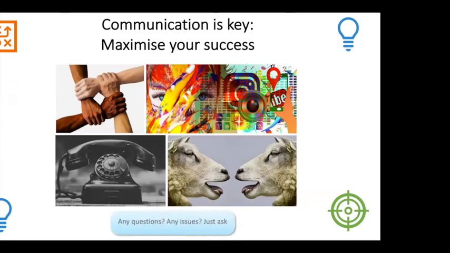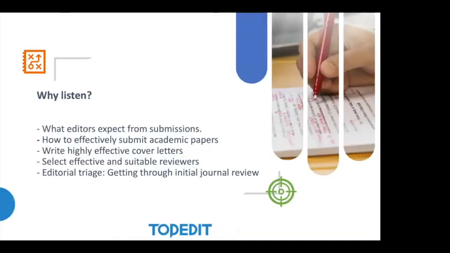One of the keys to being successful in international research and publishing is communicating: talking to editors, reaching out before you write, reaching out as you write, talking to them in the cover letter, and coming back with comments on your papers once they get review comments back from journals.